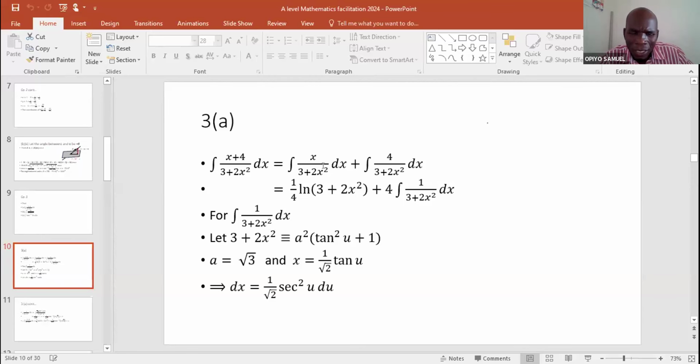What do you want to use? Maybe you tell us. Let the denominator 3 plus 2x squared be u, and we differentiate. After differentiating, we are going to get 4x dx equals du, and we cancel the other x with the upper x. Wow, thank you. That is correct. So that is another way. This one also works.